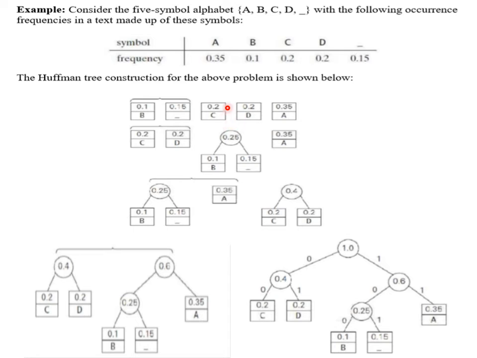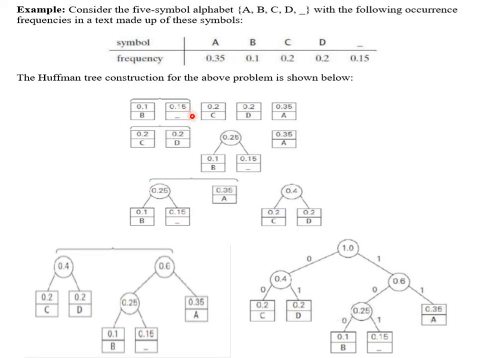Now among these, the Huffman algorithm suggests: find the two alphabets with the lowest frequencies and make a new tree with the sum of the weights assigned to the new tree root.